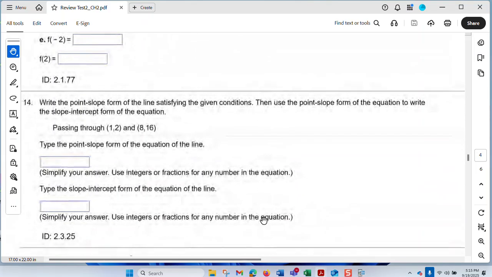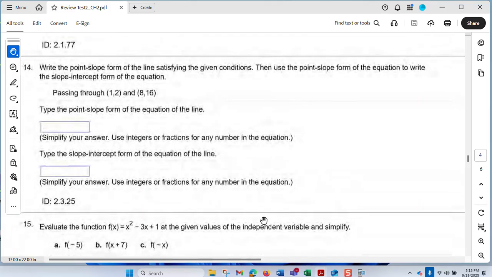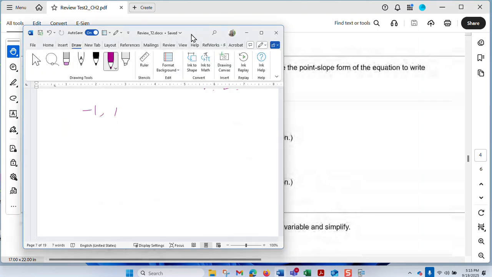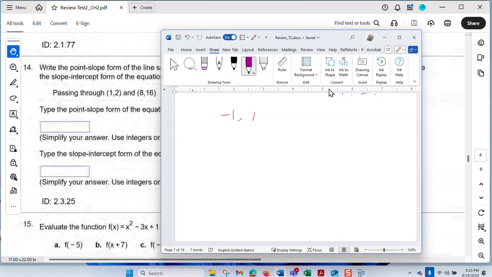All right, this one is kind of like a repeat of the question we had earlier, right? This kind of question is where you need to find a slope and then write down the equation, okay? Very similar to the one we had earlier. So I have 1 and 2, 8 and 16, right?